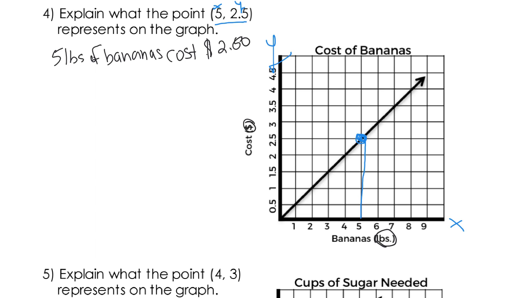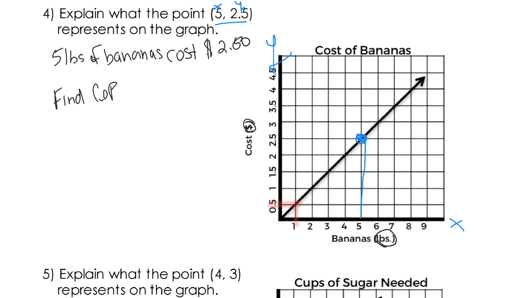Now, what if I asked you to tell me the unit rate, or the constant of proportionality? Find your COP. Remember, how we do that is we go to where 1 is on the graph and see if we can clearly distinguish that it's on the line.